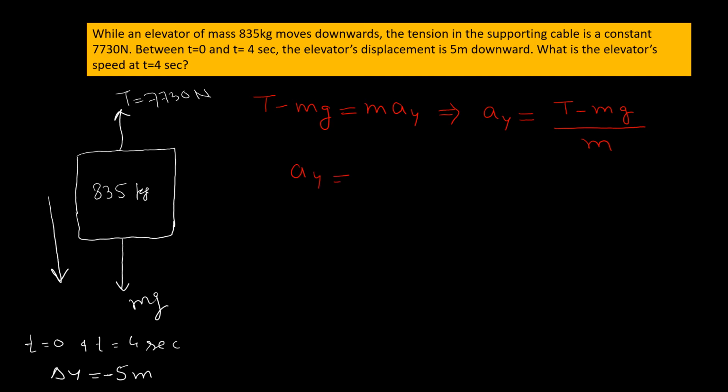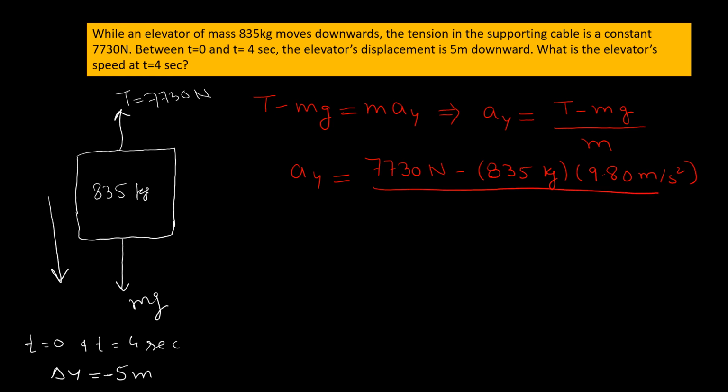So ay will be our tension, 7730 newtons, minus the mass, which is given to us, 835 kilograms, times 9.80 meters per second squared, the value of g, divided by 835 kilograms.